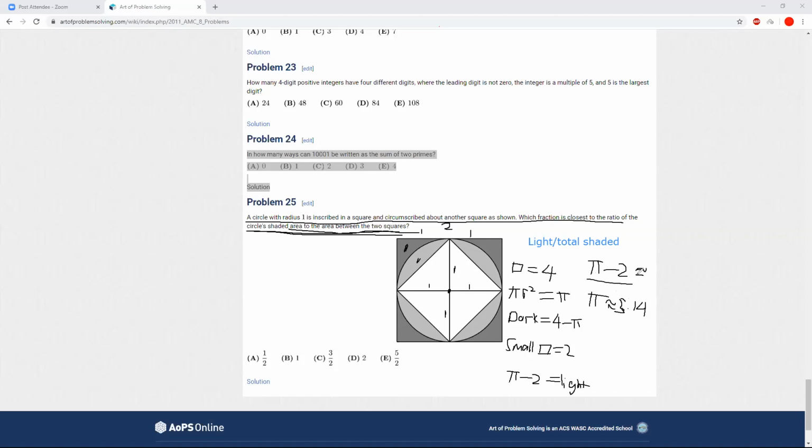And the total shaded region is just the large square subtracted by the smaller square, so it's just 2. The question is asking light versus total shaded. So the light shading has an area of about 1.14, and the total shaded has an area of about 2. So 1.14 over 2 is approximately 1 over 2, or 1/2.